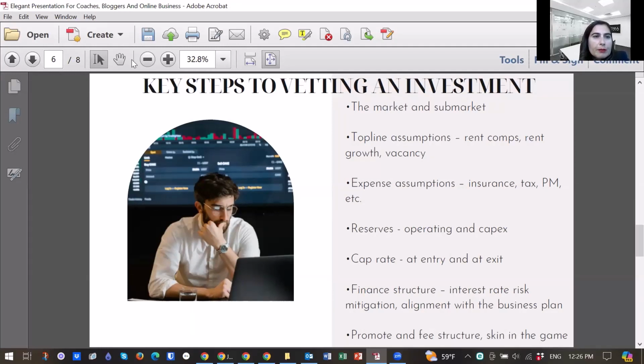The 4th item is reserves, and I'm referring to both the operating reserves and the CapEx reserves. So typically, at least as an operator, I would recommend that people raise the CapEx reserves, or substantially all, if not all, upfront, versus relying on covering those out of cash flow, because a lot of things could happen in cash flow, and we're going through a period like that today, where top lines are compressed, the expenses have increased for a variety of reasons, which is compressing the profit.